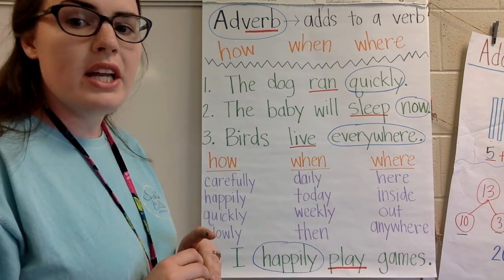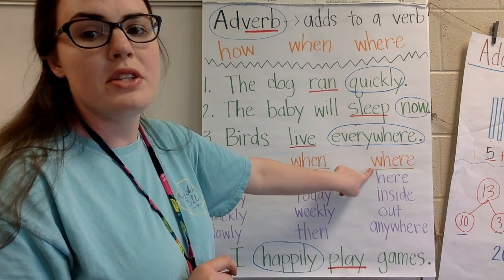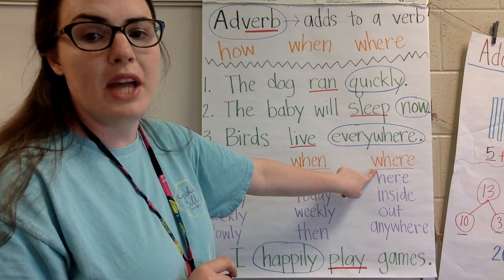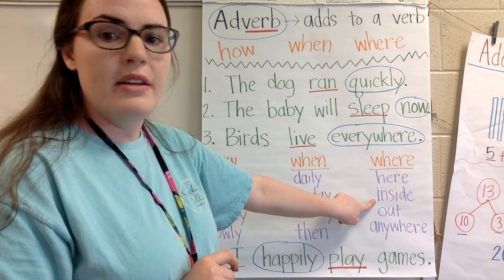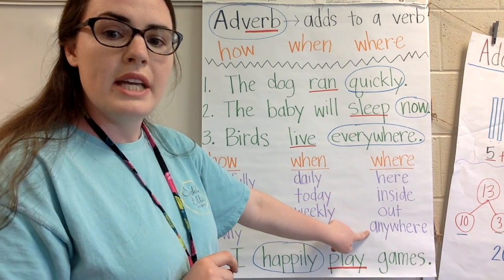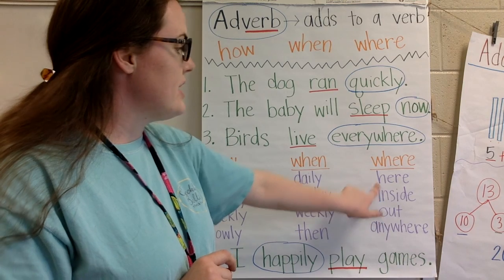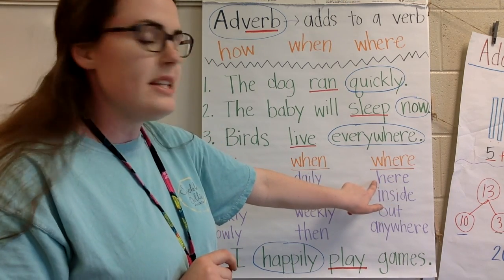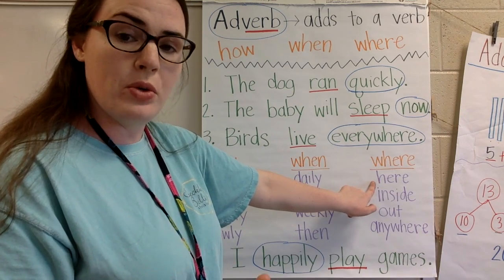All right, and let's look at our where adverbs. These adverbs tell where something happens. Here, inside, out, anywhere. Let's make a sentence using here. So, let's play here. So here describes where we're going to play.